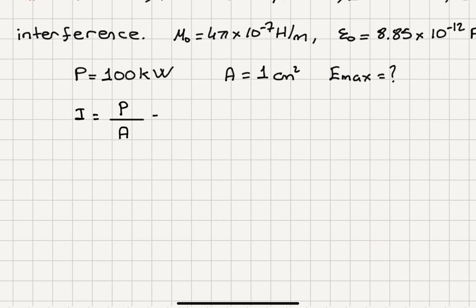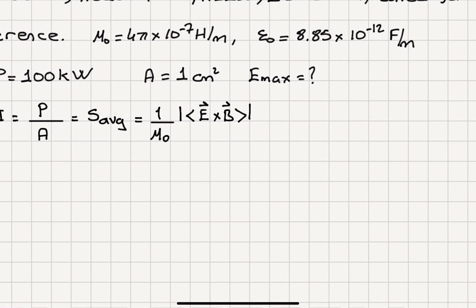So this is equal to the average value of the magnitude of the Poynting vector, which is the average value of 1 over mu 0 magnitude of the average value of electric field cross product with magnetic field.